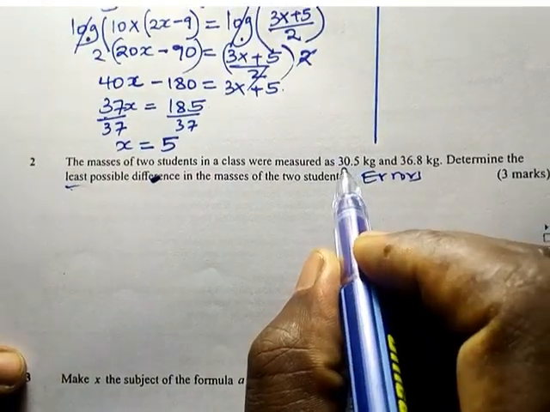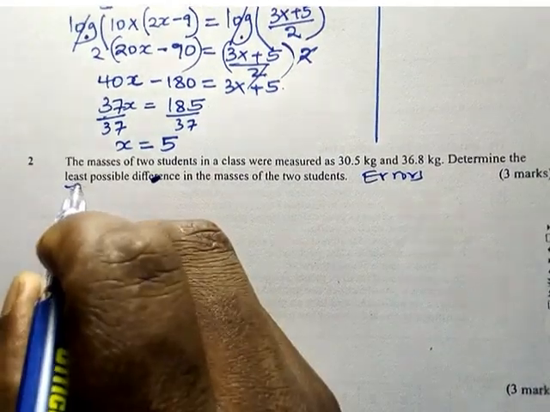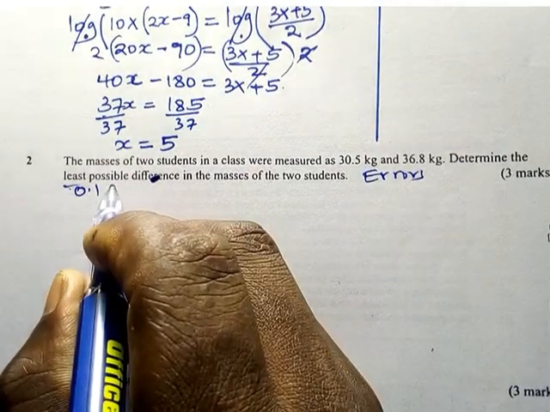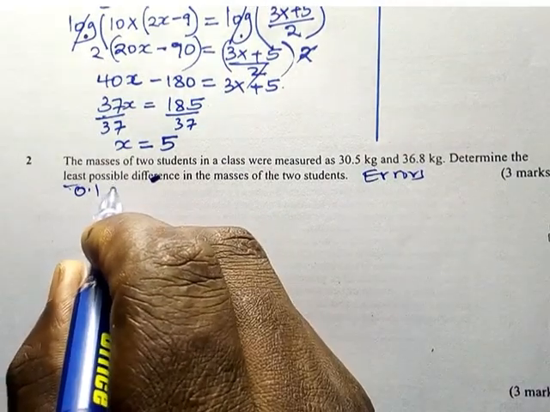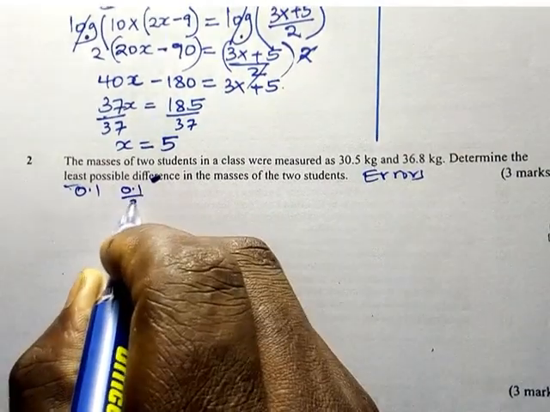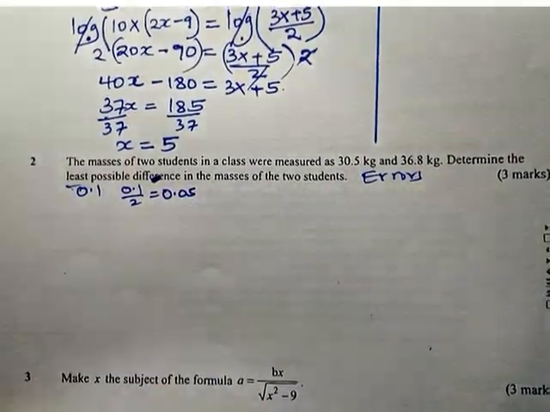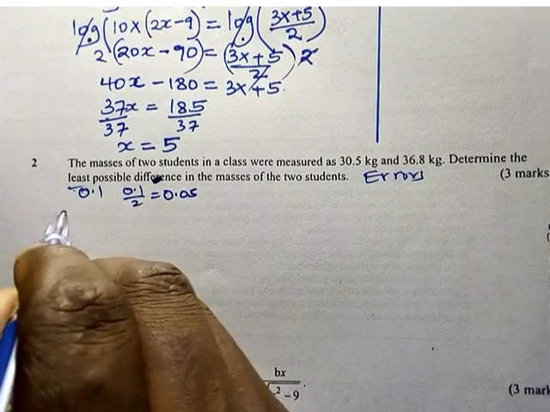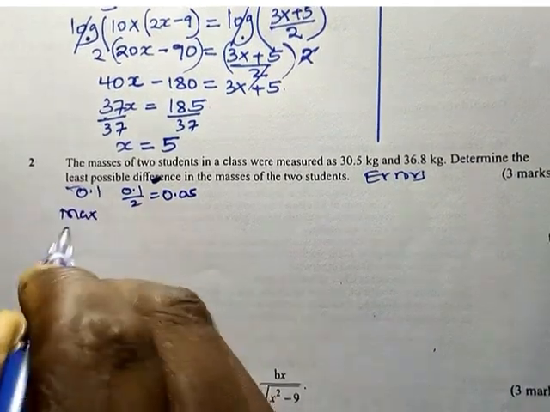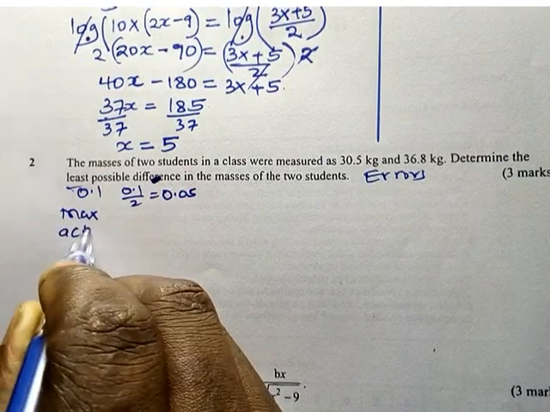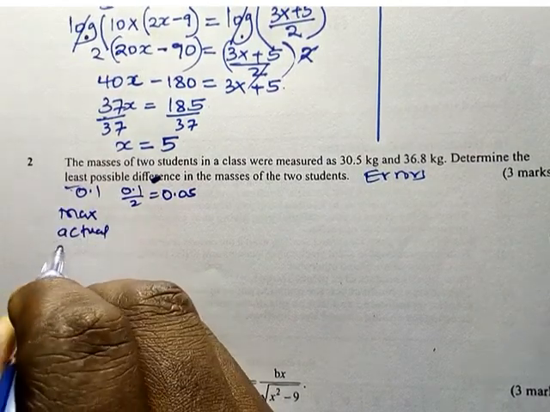The least count for 30.5 is 0.1, so let us get the error. The absolute error is 0.1 divided by 2, and that is 0.05. We will get the maximum, the actual, and the minimum.